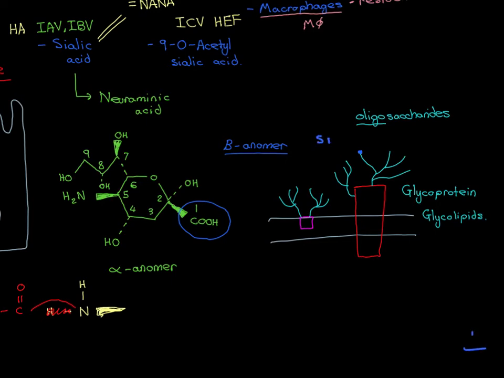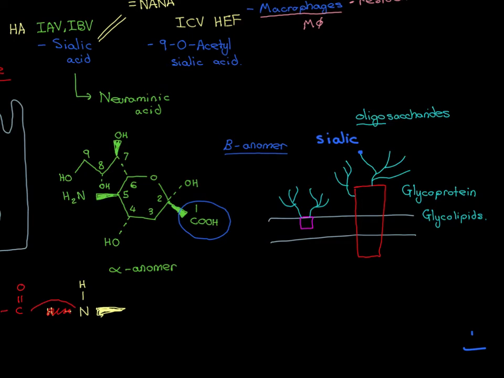Oops, I've gone to the thicker pen, but never mind, it's still usable. So some of them will have right at the very end a sialic acid residue, which is what I'm trying to communicate with this blue dot. Right at the end of that chain, the terminal residue there is a sialic acid residue. Not all of them, of course. This one might not have a sialic acid residue as the terminal, but many of them do.